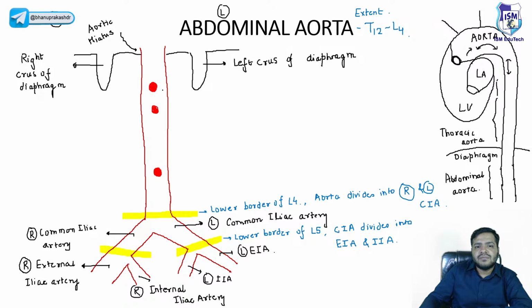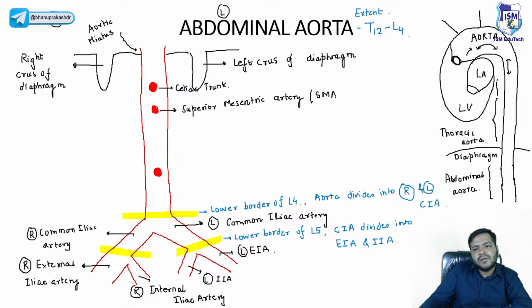writing all the three branches, beta, this branch is the celiac trunk. We have the celiac trunk. Then we have the superior mesenteric artery. The superior mesenteric artery is also called SMA.